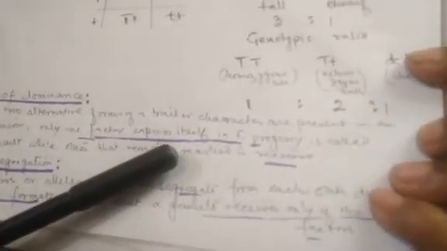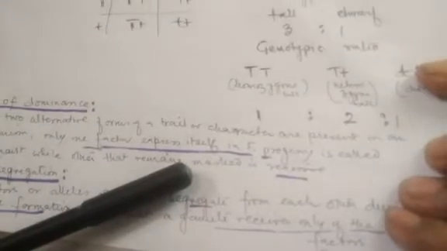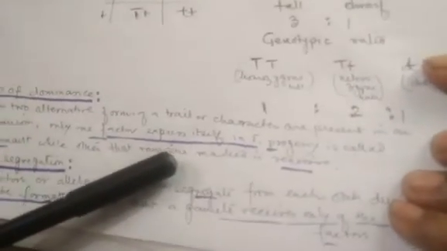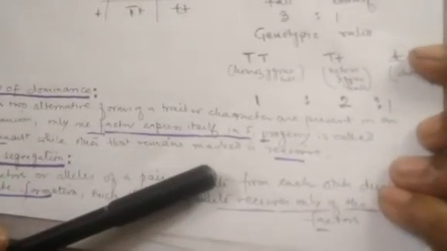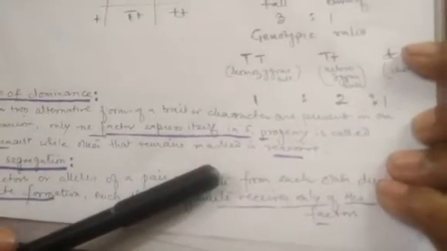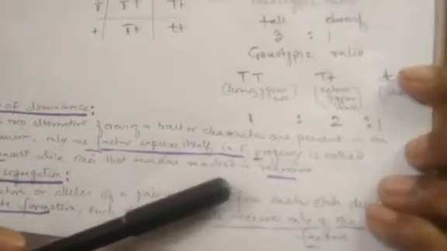So you can see here the law of dominance. It states that when 2 alternative forms of traits or characters are present in an organism, only one of the factors expresses itself in the F1 progeny and is called dominant, while the other remains masked and is called recessive.